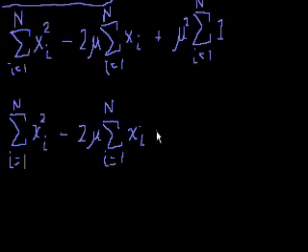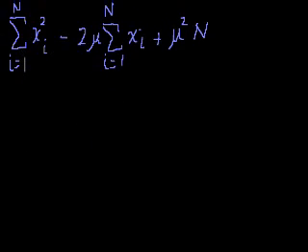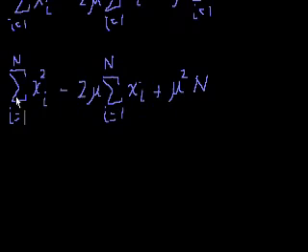So this is going to be plus mu squared times n. All right. And then see if there's anything else we can do here. Remember, this was just the numerator. So this looks fine. We add up each of those terms. So we have minus 2 mu, right, from i equals 1 to, oh, well, think about this.